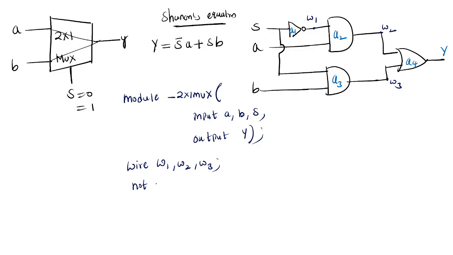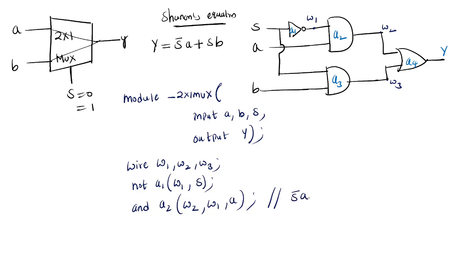Next, not of a1: instance name a1, output w1 followed by the input S. Next, and of a2: instance name is a2, the output is w2, followed by w1 comma A. This is nothing but S bar A, one product term you got.